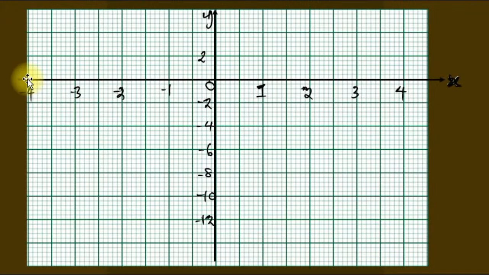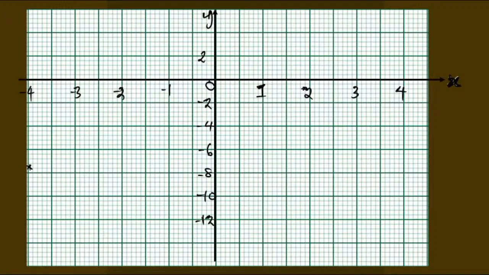We see where x is minus 4, and we move down how many grid lines? 5, 10, 15, then count 16, 17, 18 points. So it should be somewhere here, around 19. So that's it.